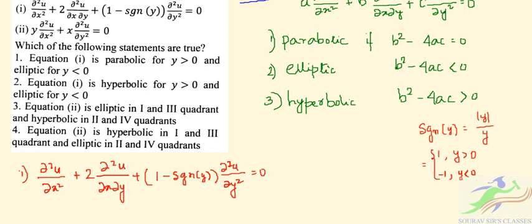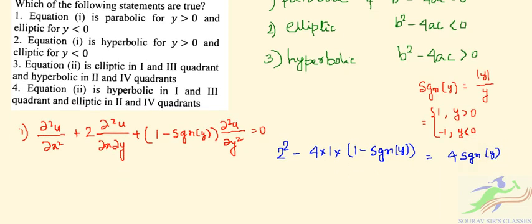So what will be the b square minus 4ac? It will be b is 2, square, minus 4 into 1 into 1 minus sine of y. If you do this, it will be 4 sine y, because the 4 and 4 will cancel out, right?